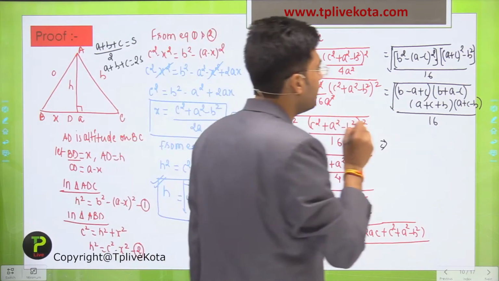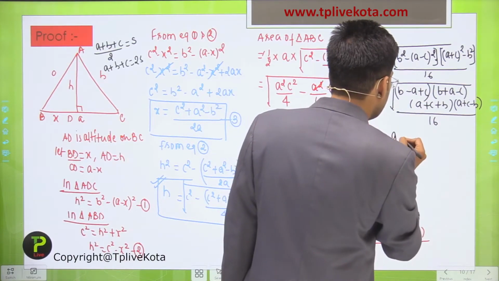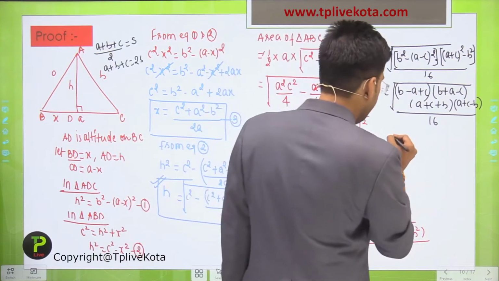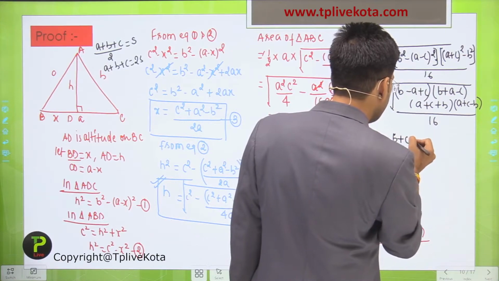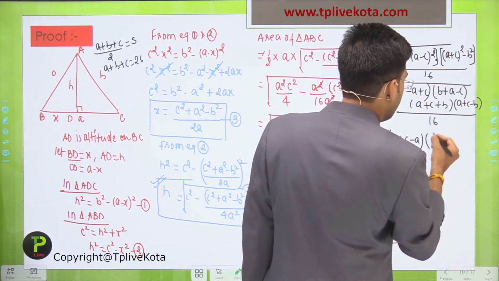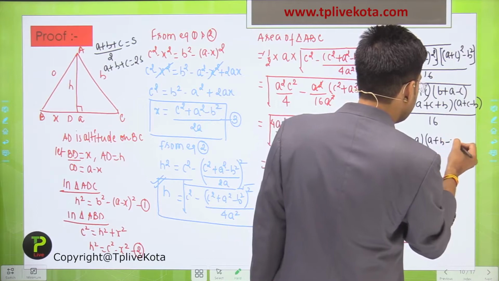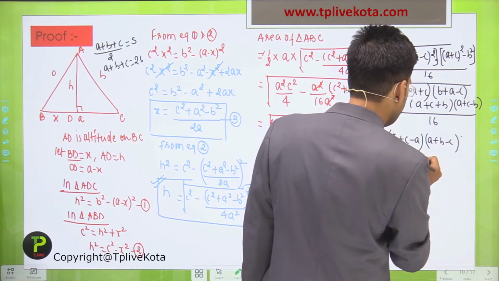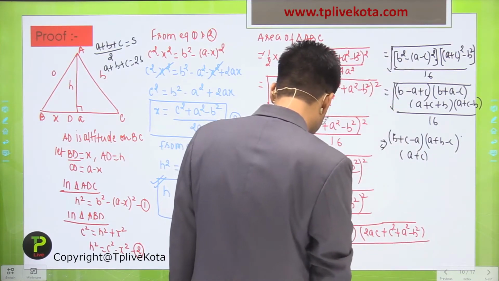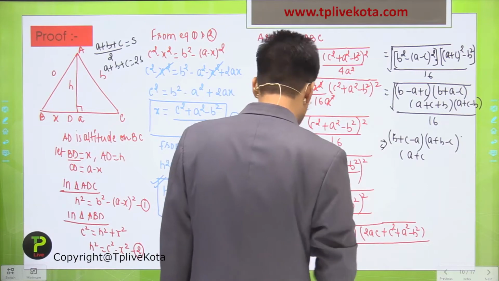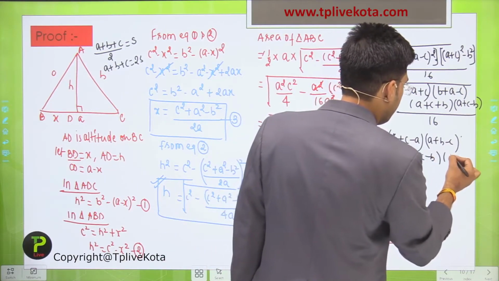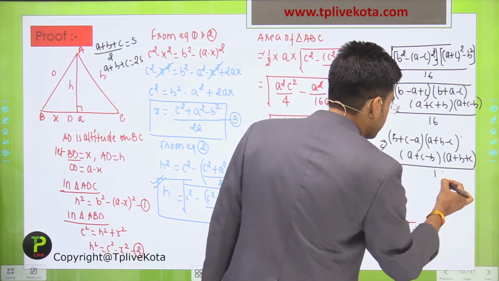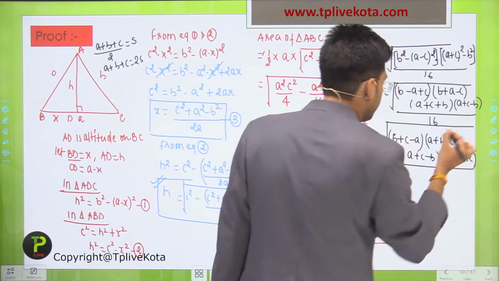So here we have (b plus c minus a), (a plus b minus c), multiplied by (a plus c minus b) and (a plus b plus c), divided by 16, and square root of this complete term.